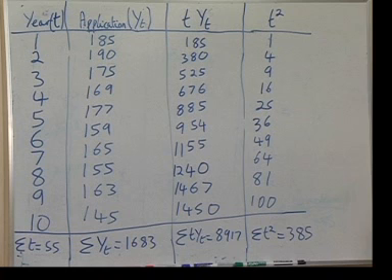Now T squared is the time or the year squared. T squared for the first row, for year 1, is 1 squared, 1 by 1, which is 1. Second row, which is year 2, 2 by 2 is 4. For the third row, it is 3 squared.